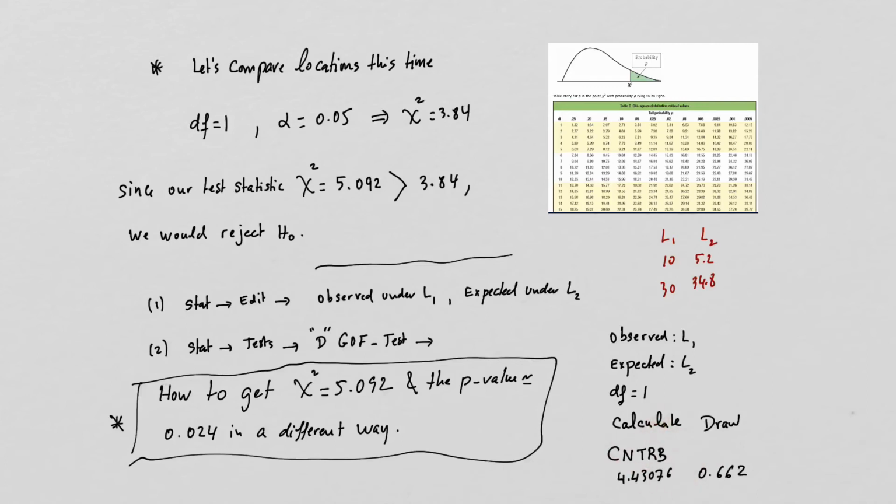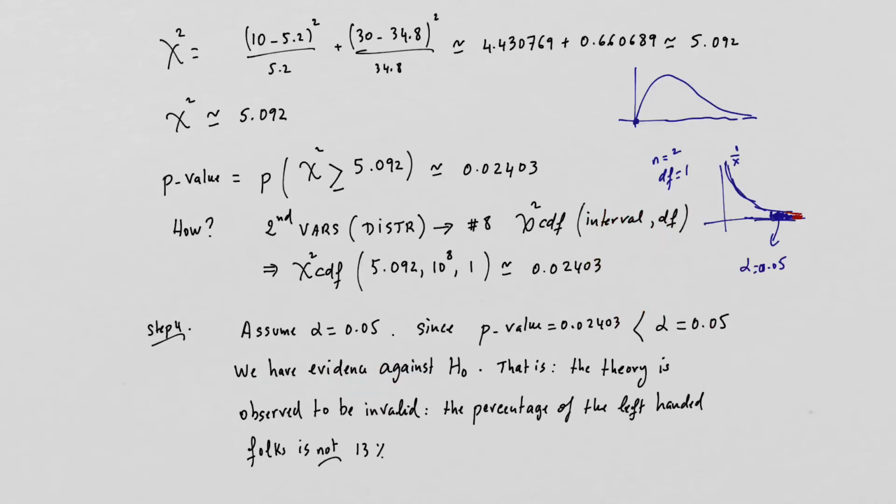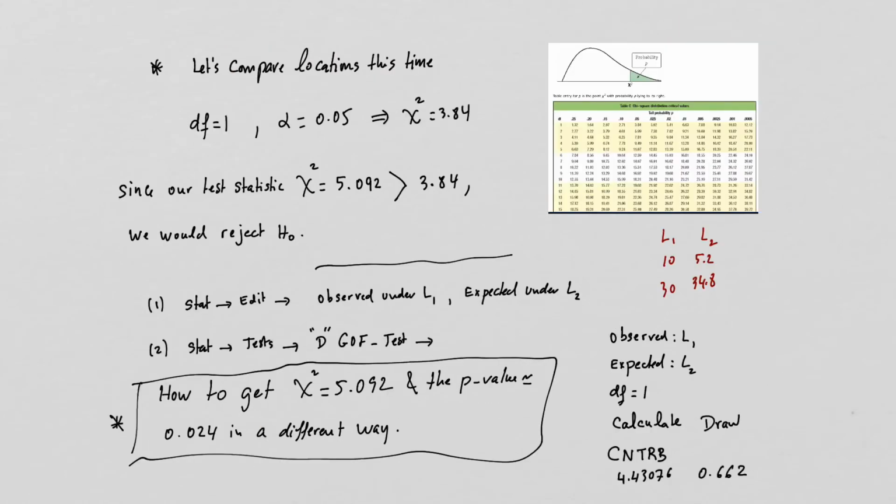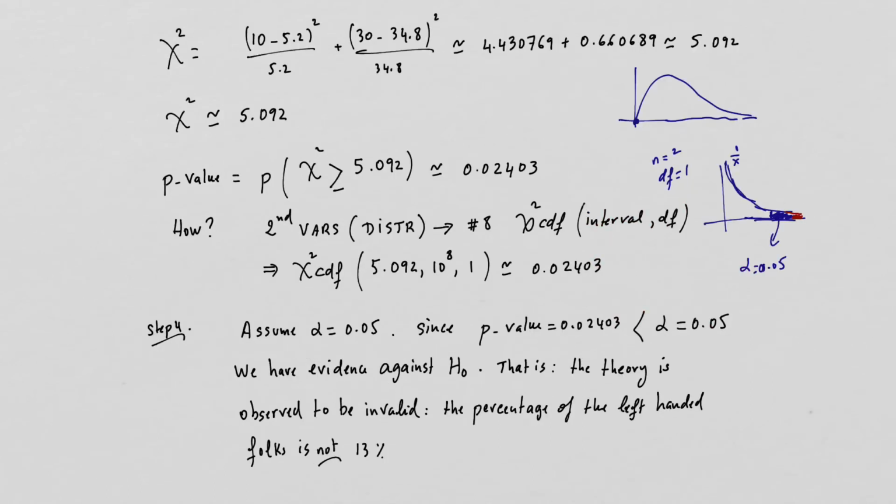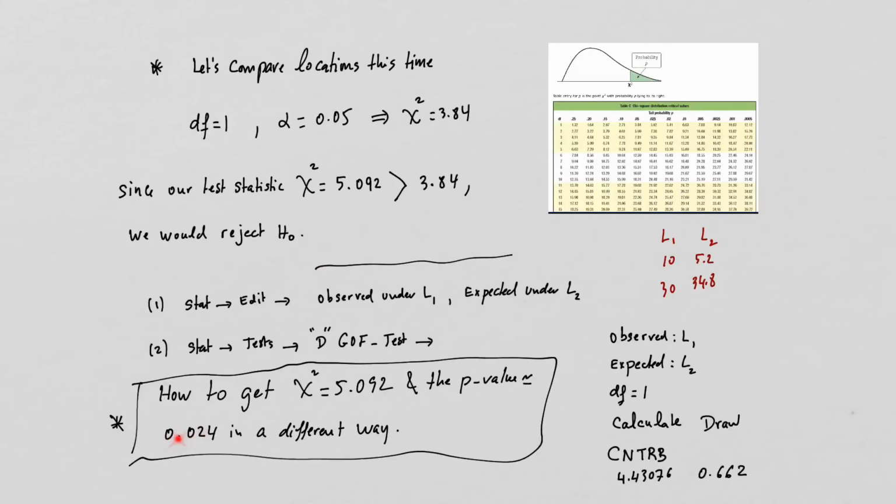Once you click on calculate, you're going to get this chi-squared value for free, which we computed by hand here. Okay, you don't have to. And you also get the p-value. Okay, which I also showed you how to do by hand, on the calculator in a different way. So there is one way, and here is the other way. You just get it for free. Okay, so that's how you would find step 3.